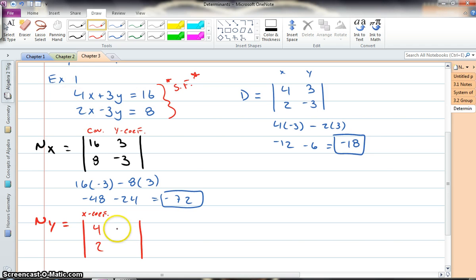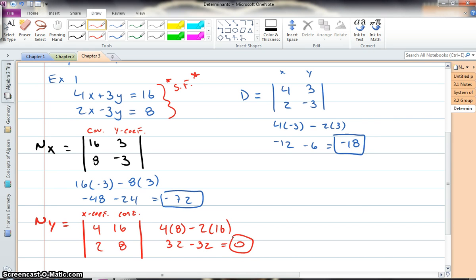And then the constants take the place of my y's, 16 and 8. So in your numerator y, your constants take the place of the y's. In your numerator x, your constants take the place of the x's. Now calculate the determinant. 4 times 8 minus 2 times 16 gives me 32 minus 32, which is 0.